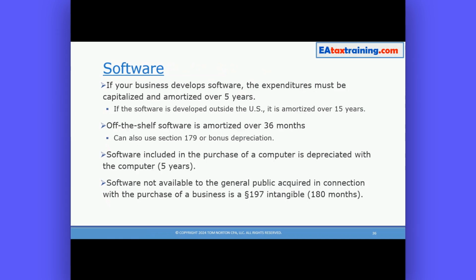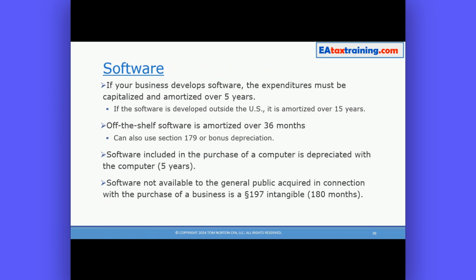And then you amortize those costs over 5 years or 60 months. If the software is developed outside of the United States, then it's amortized over 15 years. So they're trying to encourage people to use US-based developers to develop the software because you can deduct it sooner, deduct over 5 years instead of 15 years.